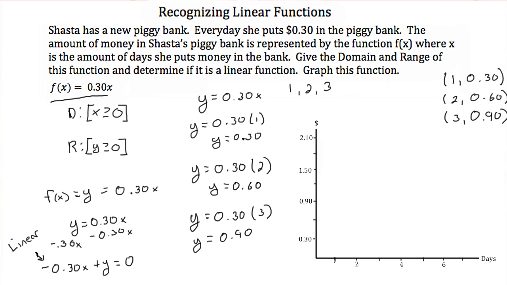Here's day 1, here's 0.30, so our first point is there. Here's day 2 and 0.60, so our next point is there. And then day 3 and 0.90, so our last point is right there. Again, we connect the dots, and that's our linear function. And this concludes the tutorial on recognizing linear functions.